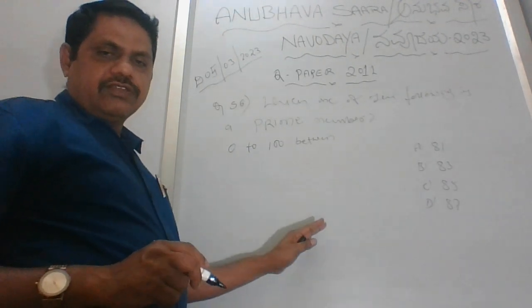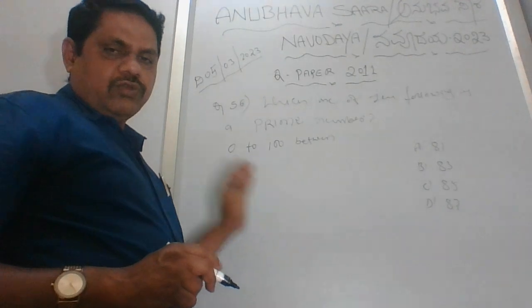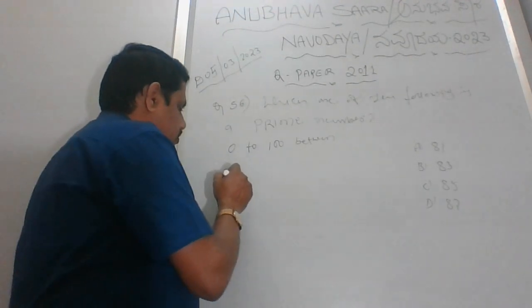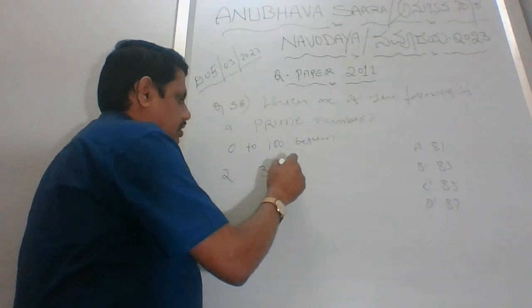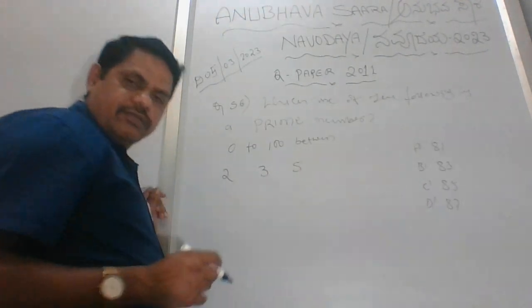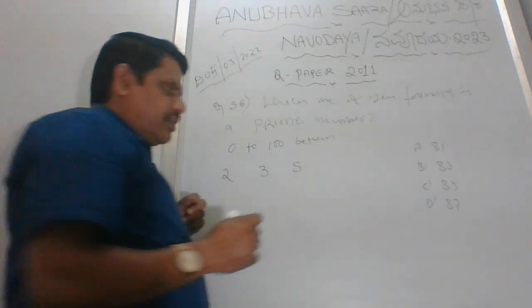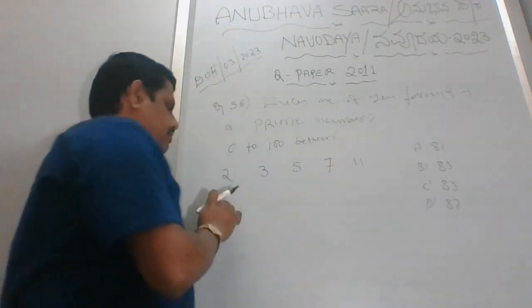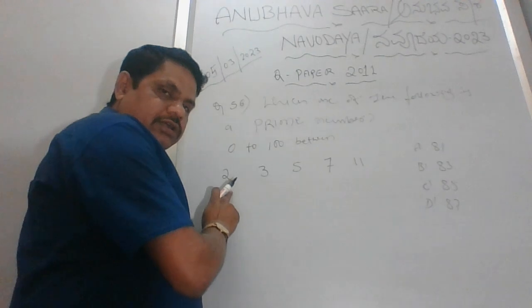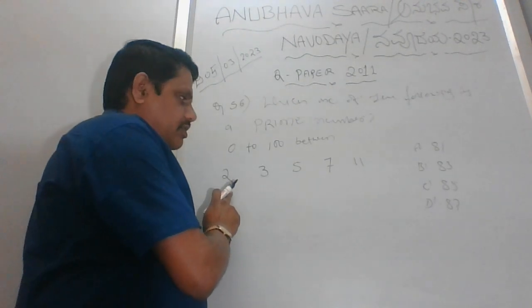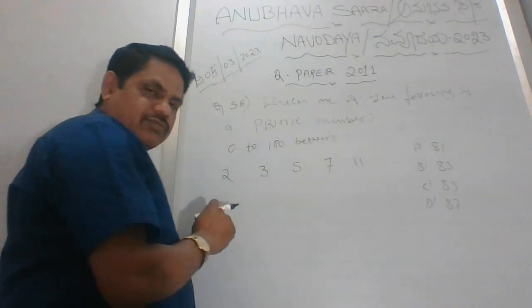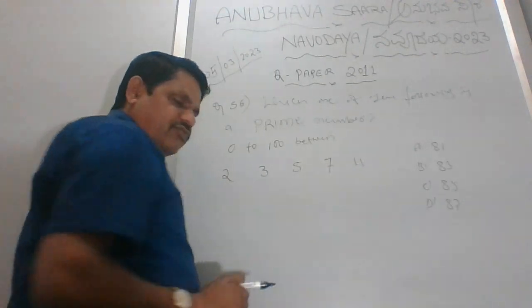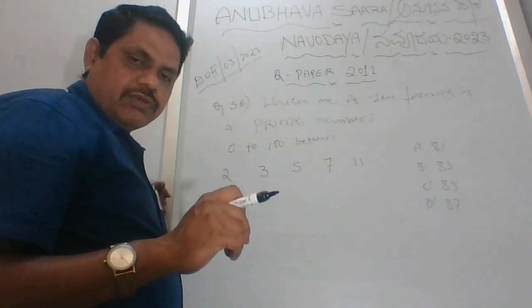You can understand how we can do it. 2, 3, 5, 7 and 11. See, 2 is not an odd number, this is an even number. These are all odd numbers, but this entire list comes under the prime numbers.